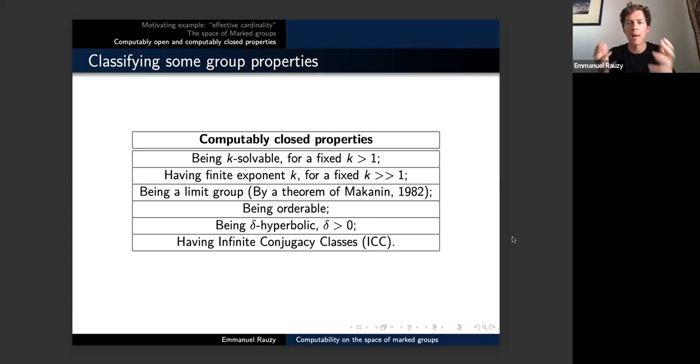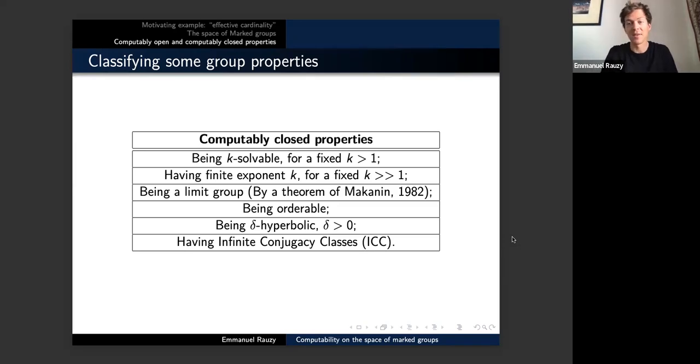And this happens only when you find properties which are open but not computably open, or closed but not computably closed, just as we had that the set of finitely presented residually finite groups, while being countable, is not recursively enumerable, and it is for such examples that it is relevant to introduce computability theory. And for now, we don't have such an example in terms of classification in the space of marked groups.